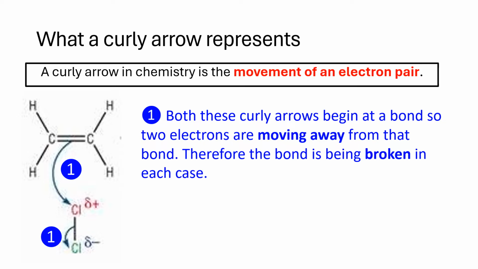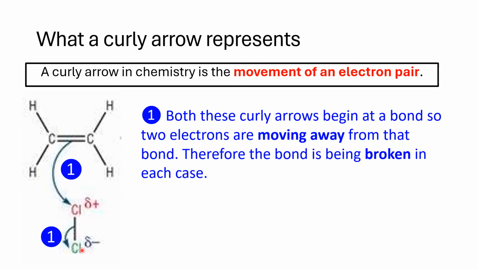So that must mean a bond is being broken. If we look at this one, the pi bond within the carbon-carbon double bond is being broken, and 2 electrons move towards the delta positive chlorine. And the chlorine-chlorine single bond is being broken, and 2 electrons move towards the delta negative chlorine.